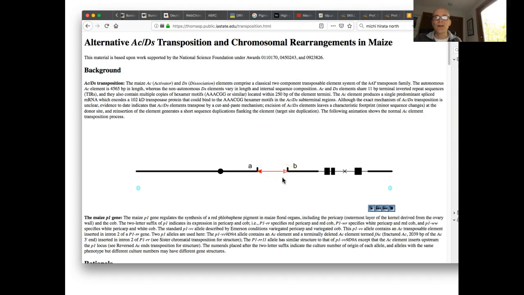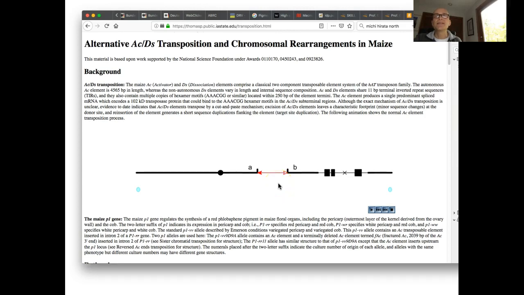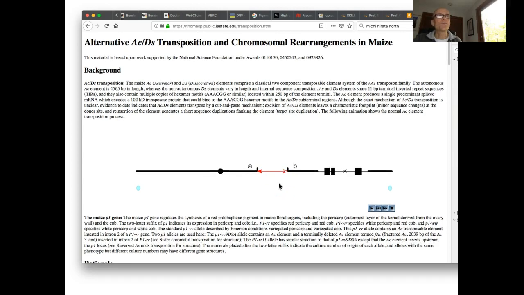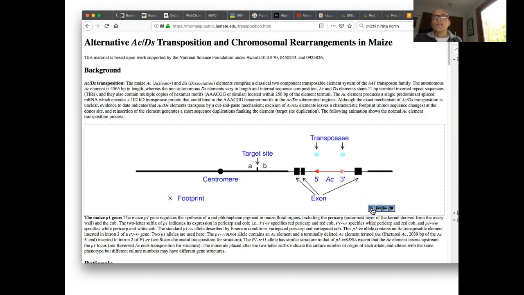But that's not what I want to show you. I want to show you how these types of large-scale mutations can arise because of transposons. So look at this. Here's our transposon. These are the transposases. These are exons. This is a particular gene. Doesn't matter where it is.